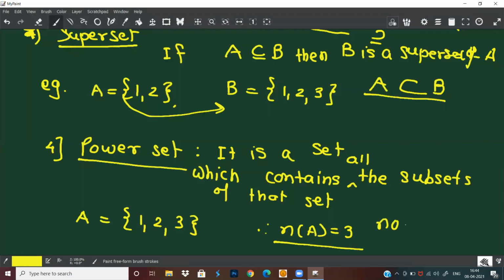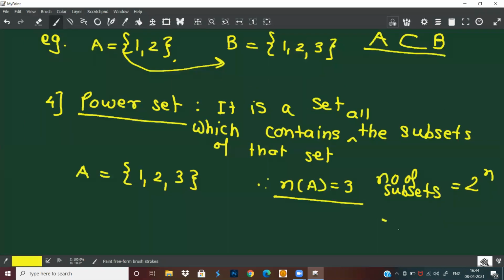So number of subsets will be 2 raised to n. Yeah, n is 3. Matlab 2 raised to 3, I will have 8 subsets. So ये जो 8 subset का एक set बनेगा, that is called the power set.